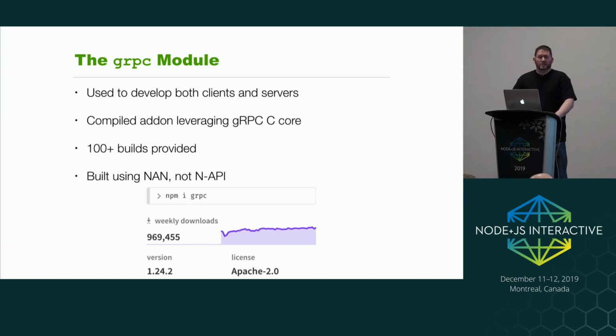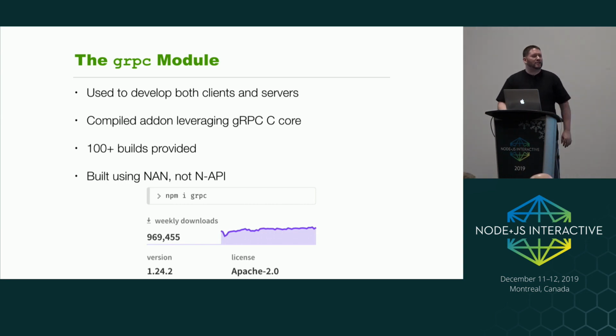But this module, I have the npm statistics at the bottom as of a couple days ago. I was a little surprised to see that gRPC had more downloads than I think every other Node framework except for Express. I talked to one of the gRPC maintainers about that. Turns out it's bundled with all of the Google client libraries, so that gives them a bit of an advantage in downloads.